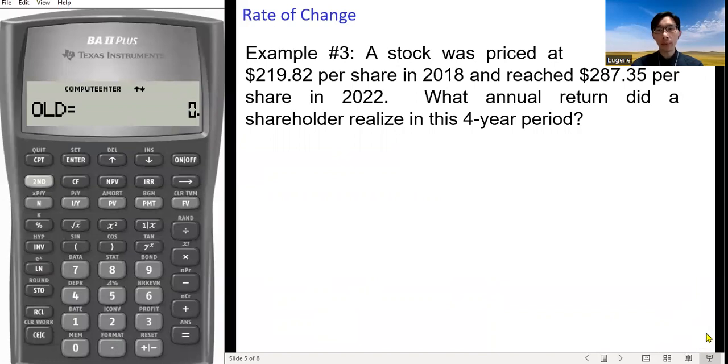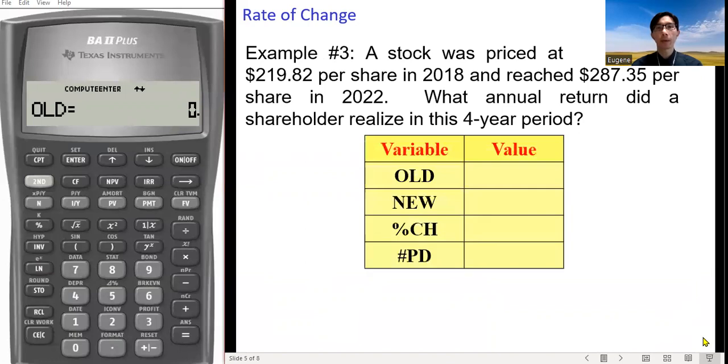Let's enter the variables. The variable O, $219.82, the price in 2018. And then the variable new, the price in 2022, $287.35.